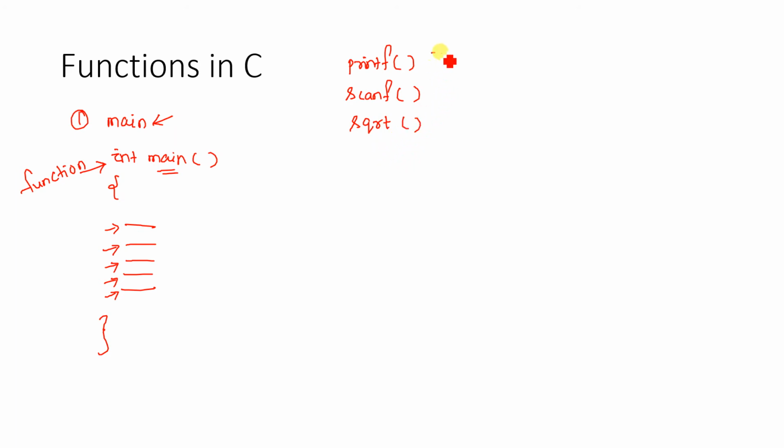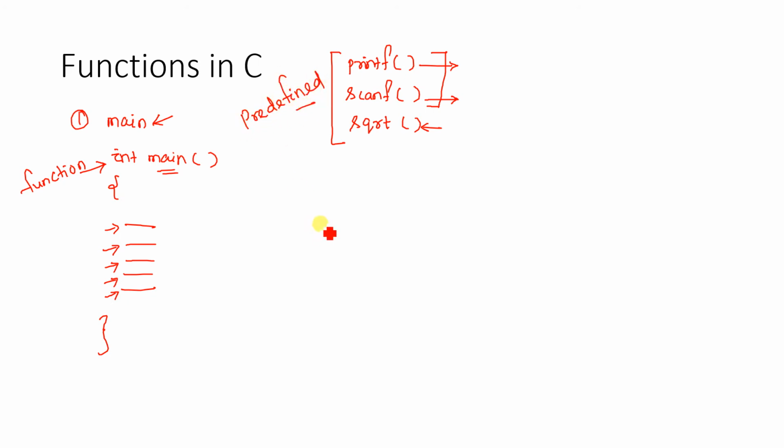If you remember, you use printf and scanf every time you want to print a line on the screen, and every time you want to read a number from the user. Similarly, if you want to find the square root of a number, you use this function. So where do these functions come from? These functions are called predefined functions.